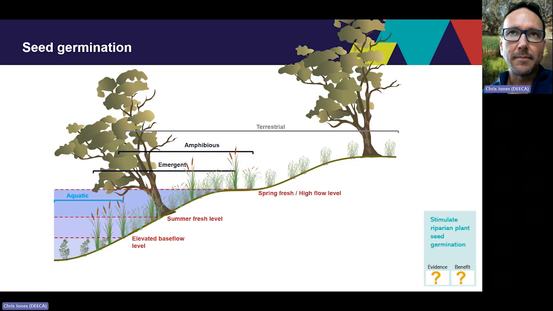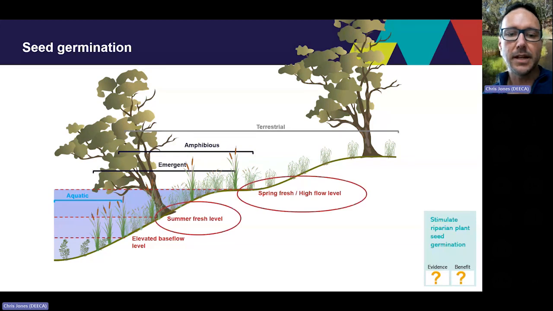So there was a strong signal of benefit for flooding response for germination later in the season for riparian plants than there was for terrestrial plants. Again, these flow events, particularly these elevated ones, were really beneficial for germination of seed. If it's a really hot summer subsequently, some of those might die, but germination and triggering that cue is really important to giving plants the chance to grow.